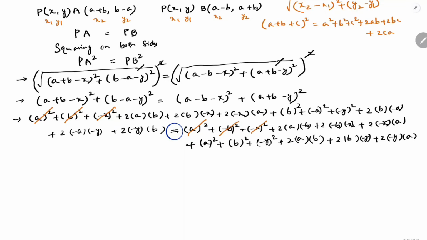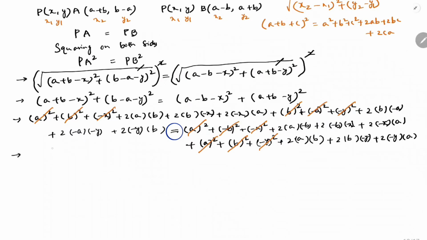In the same way, b square, minus a square will be a square, and a square, y square and y square, all of this will get cancelled. Now the leftover terms on the left side and right side, I'll write. Some more terms may get cancelled, but it will be better if you write.